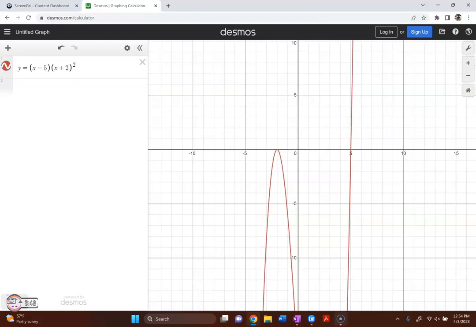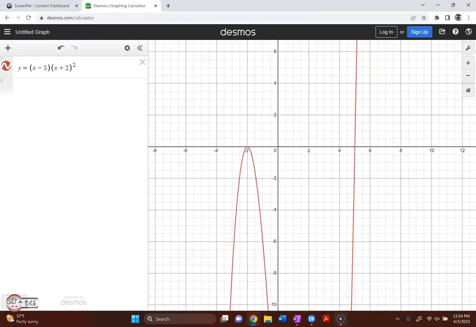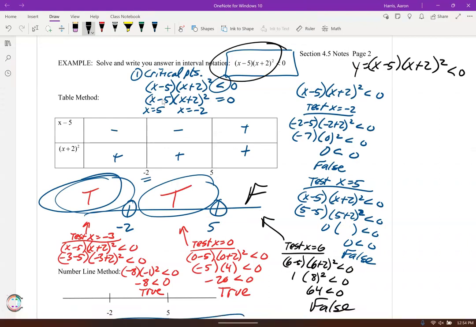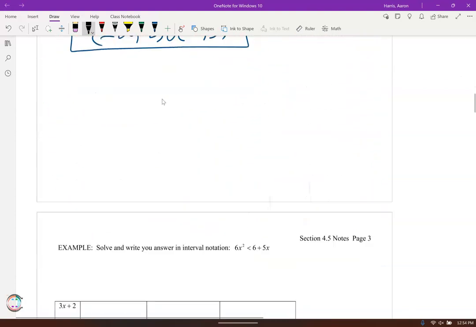And can you kind of see how you're coming from -infinity up to -2, but I have to be less than 0, so I can't include -2. Again, I wish I could draw on this, but I can't unless I rip that image. But anyways, and then from -2 to 5, see how you're below, less than 0 on that. So the algebraic does connect, obviously, to the visual for these rational inequalities.